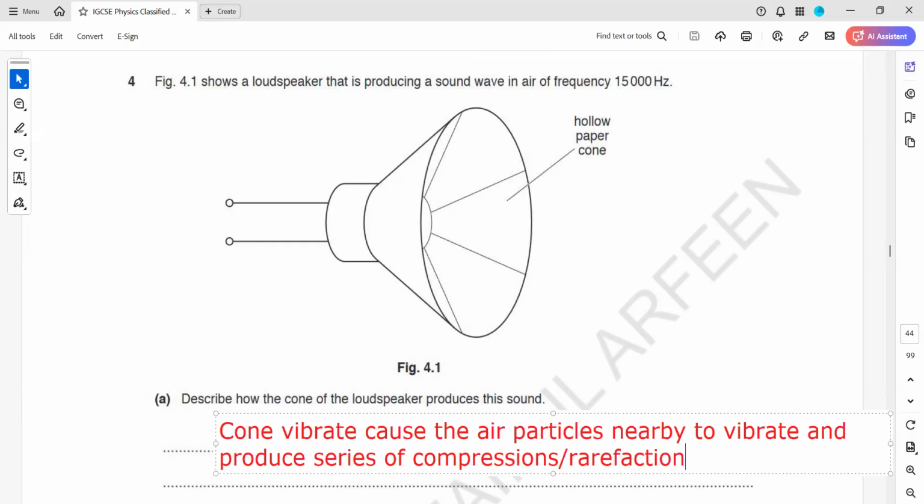So compressions and rarefactions are produced, which have a frequency of 15,000 hertz.